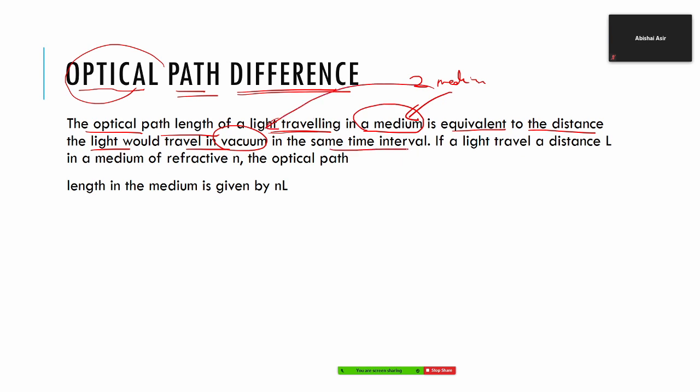In the same time interval, if light travels a distance L in a medium of refractive index n, the optical path length in the medium is given by nL. n stands for the refractive index of the medium, and L is the distance the light travels.